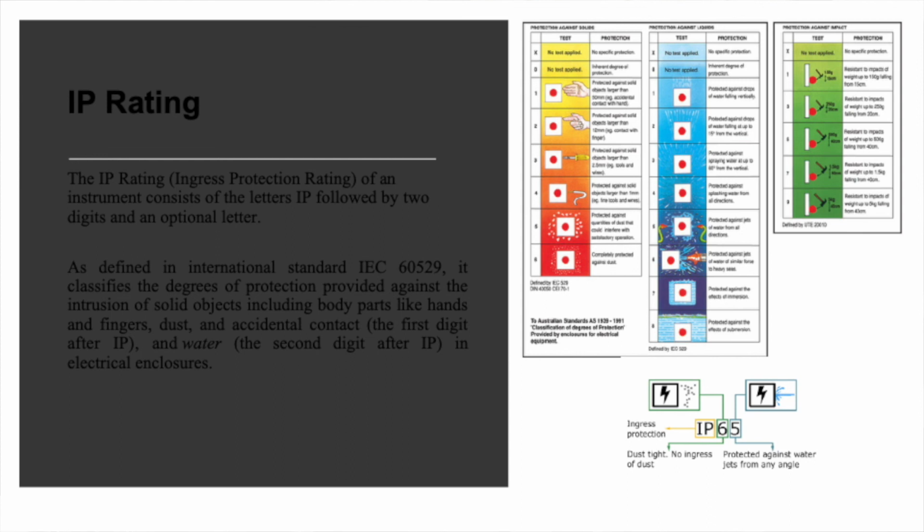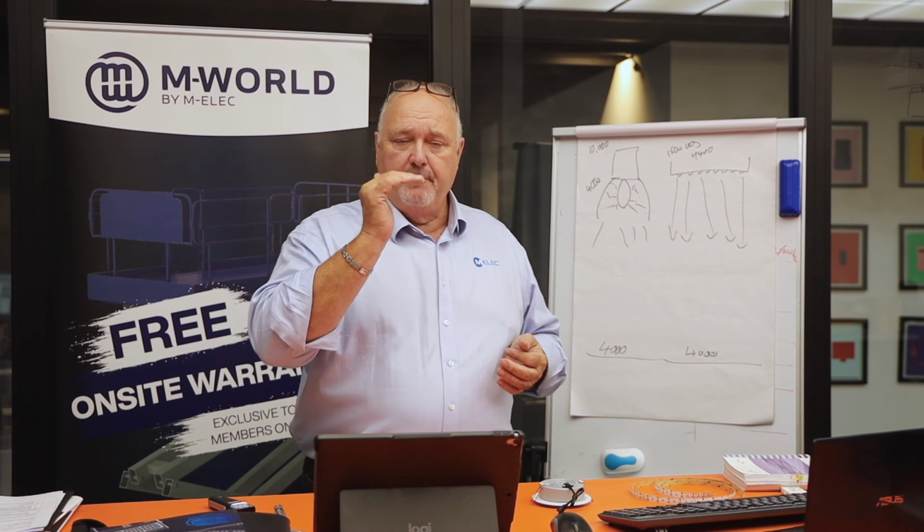The second number relates to water and the effect of it on water. IP65 is very, very common, which means you can get a couple of jets of water and spray it down and do as you please. But the one thing I'll point out is IP65 is for jets of water.